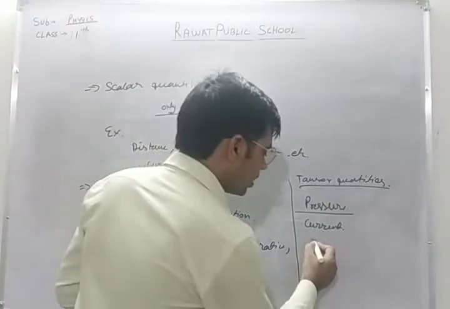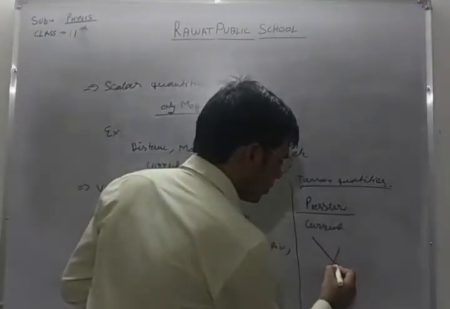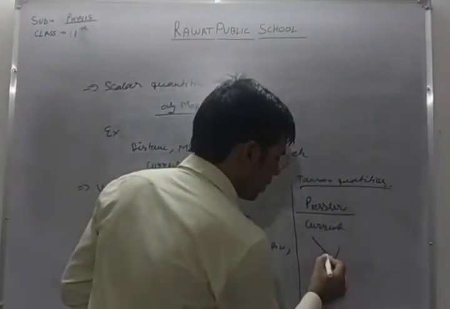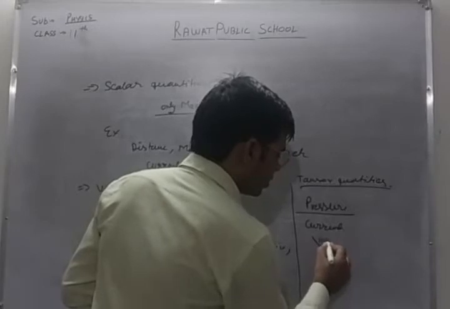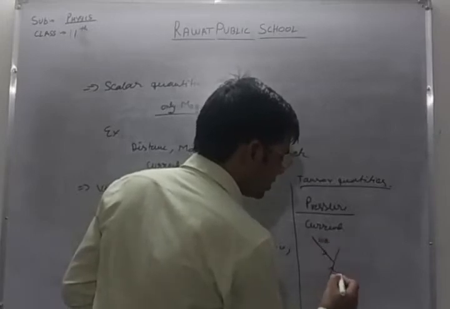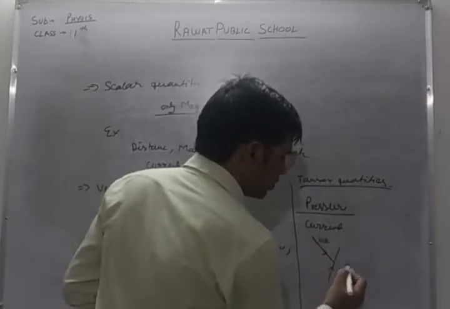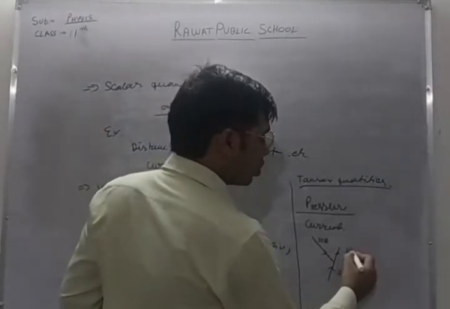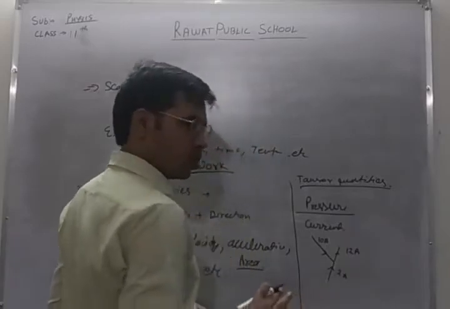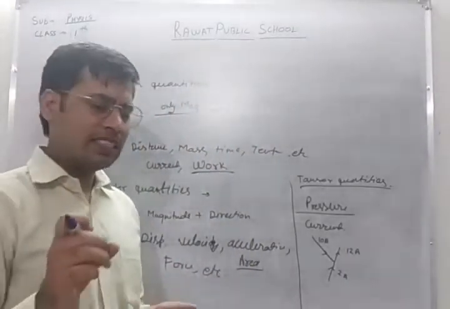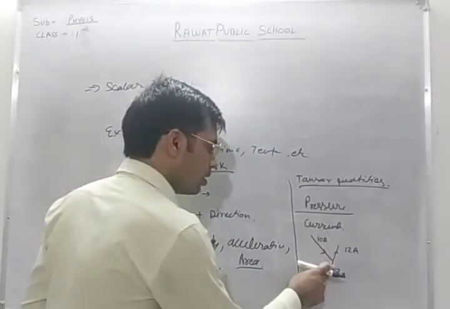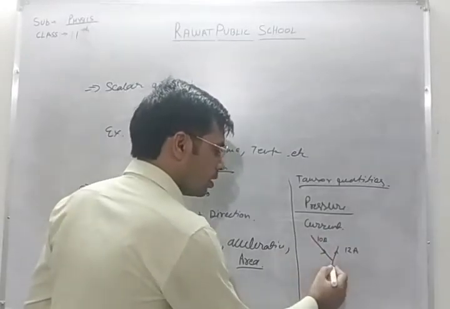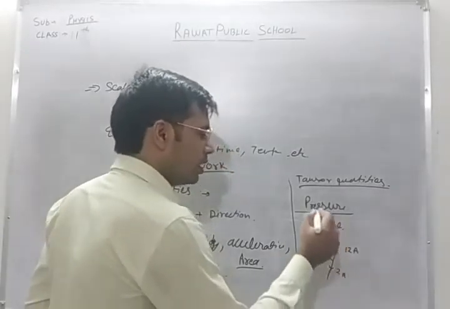Say at this junction, 10 ampere current is coming. At this junction, 2 ampere current is coming. So how much current will go here? That is 12 ampere. Now what if I change the direction? It is going in this direction.